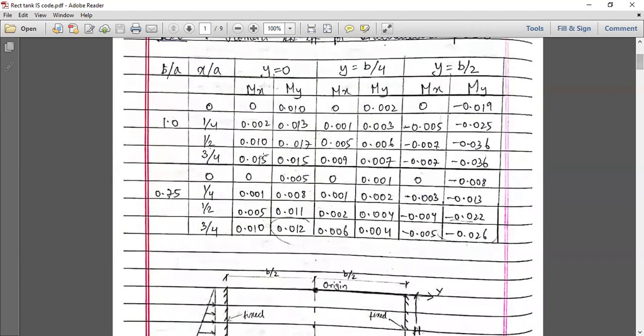Mx के लिए पॉजिटिव कॉलम में मैक्सिमम वैल्यू कितना है? 0.01. ये है 0.01. ठीक है, so basically you can see here the maximum value is always at 3/4 height.